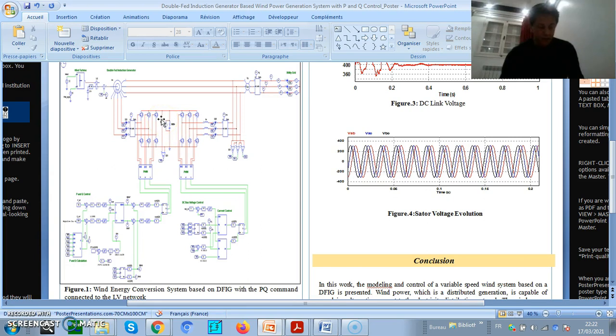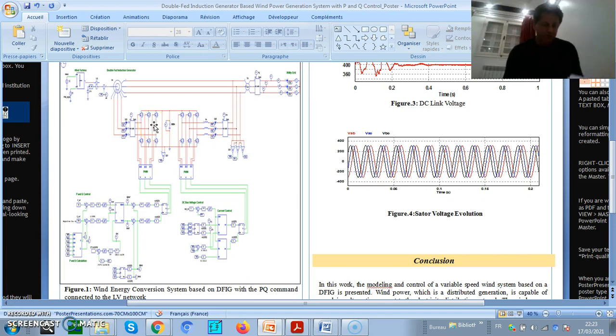PWM voltage source converters. The electrical part of the DFIG is represented by a fourth-order state space model, which is constructed using a synchronous rotating reference frame, while the d-axis is oriented along the stator flux vector position. The relation between the two-phase quantities and the d and Q components is defined by the Park transformation.